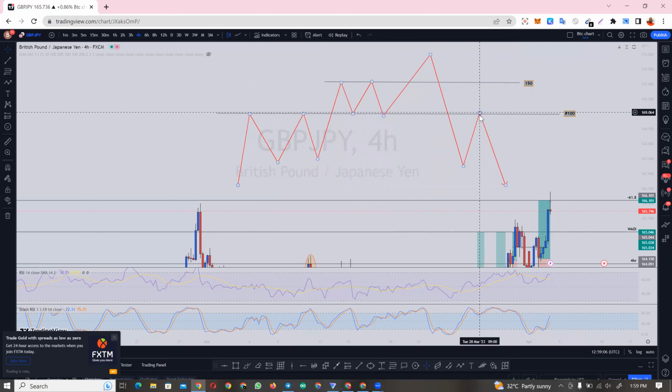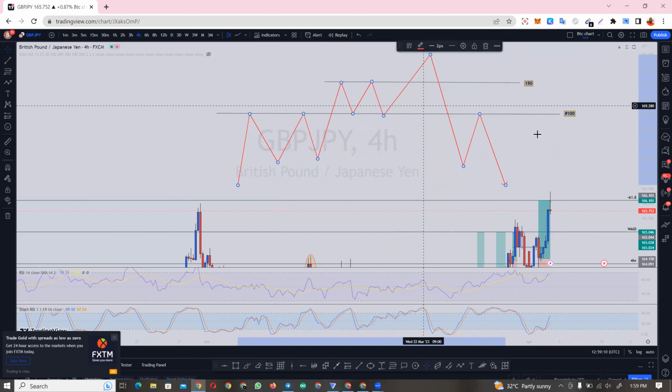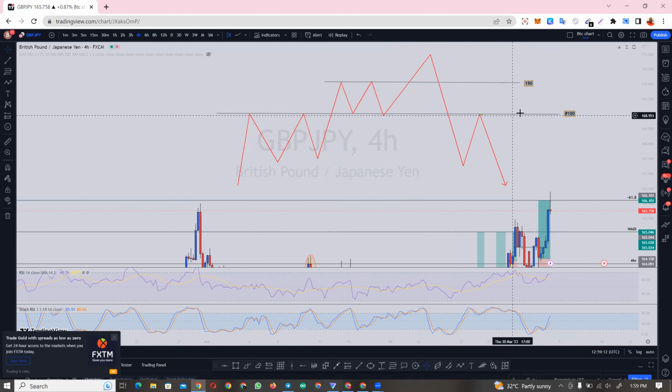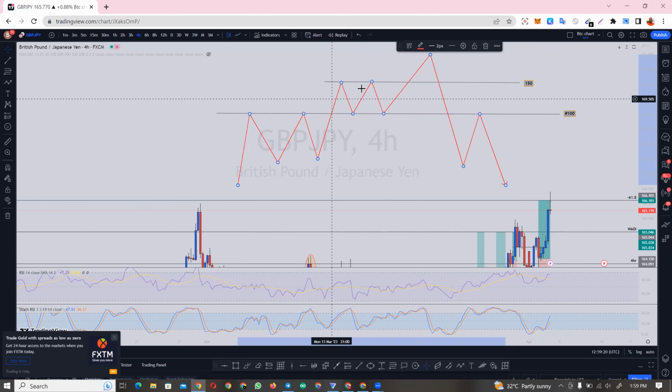Where you mark your supply and demand zone is where buyers and sellers have something in common. At the price of 100 naira, the buyers bought, and at this same price, sellers sold. That is what I consider my supply and demand zone.